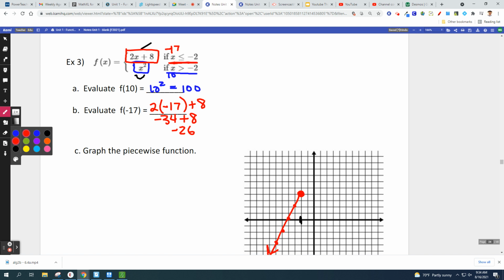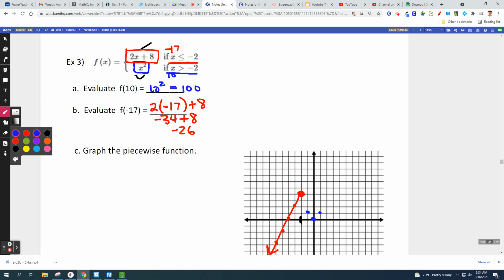Now the other one, x squared, we know x squared is a U shape. It's a parabola, but I only want the piece of that parabola that's greater than -2. So x squared has a vertex at 0, 0. And if you've had me before, I always talk about the 1, 3, 5 pattern. If you start at the vertex, you go up 1, up 3, up 5, up 7, up 9.